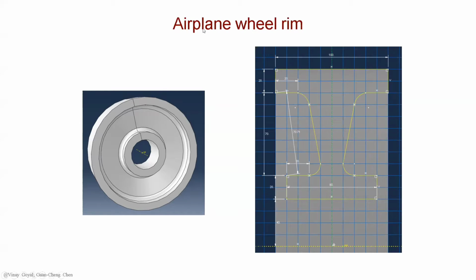An airplane wheel rim typically will have a shape like this, and it will have holes around the circumference of the rim. And the purpose of those holes is to allow for an optimized weight design, but also to allow flow that will allow cooling of that wheel so that during operation it doesn't overheat.